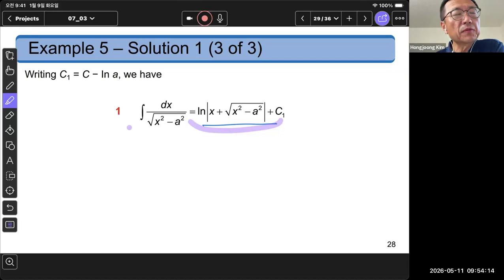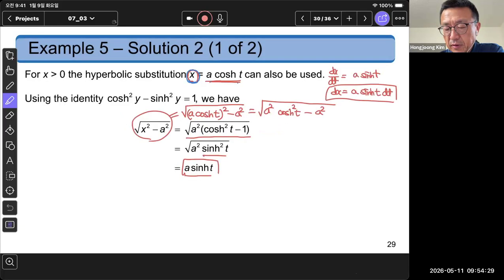So if I give such a problem, please use the substitution in the table, and please plug in a tangent theta, not hyperbolic cosine or hyperbolic sine function. This is just for your information.